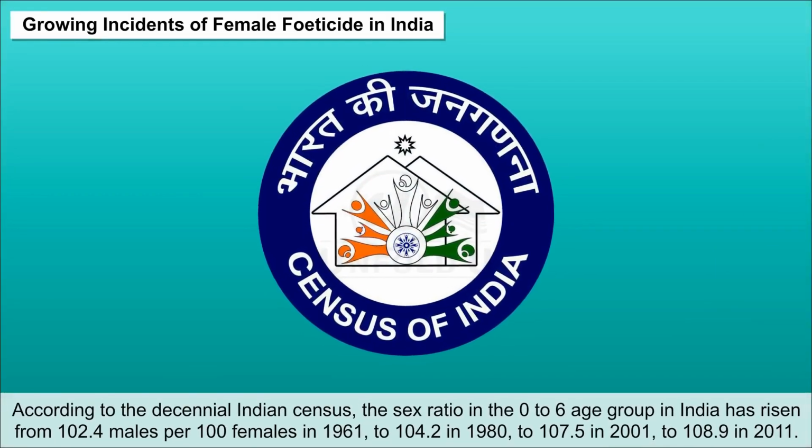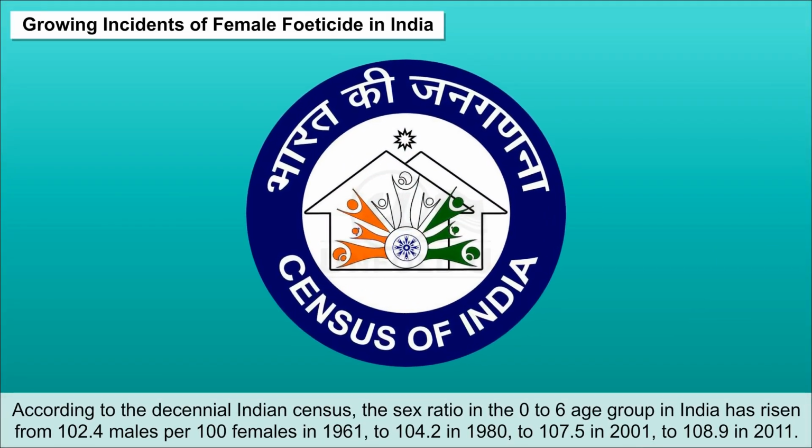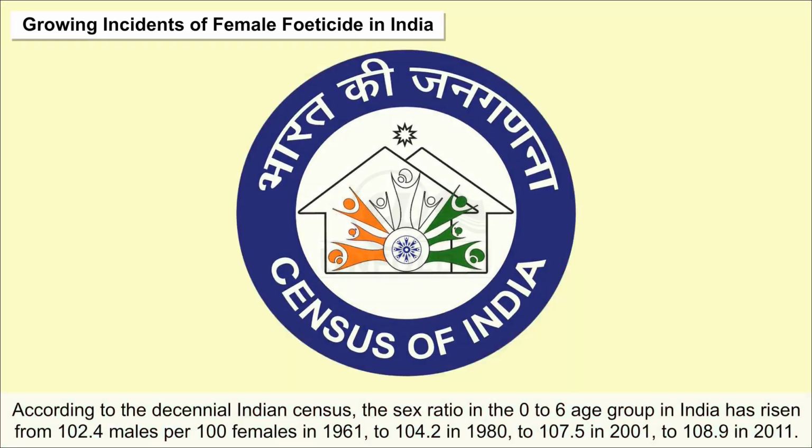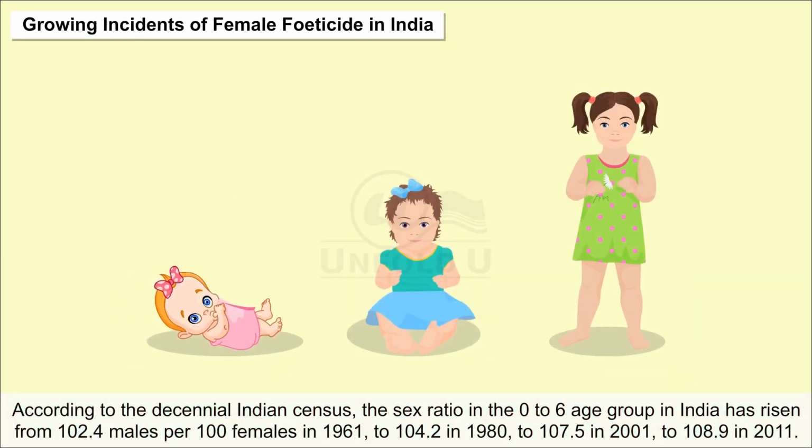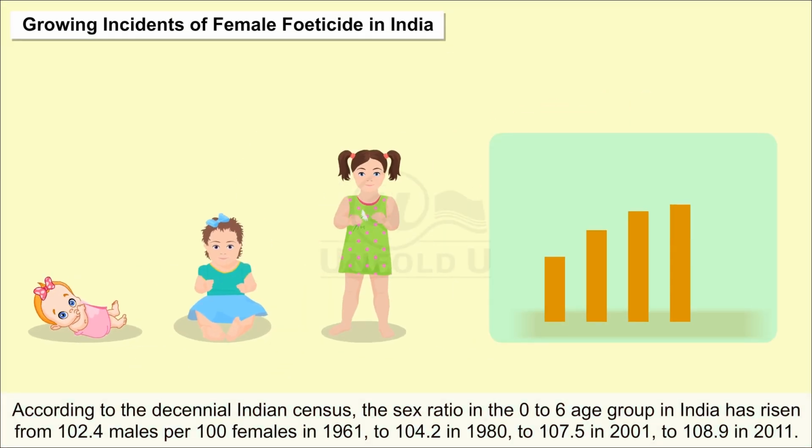According to the decennial Indian census, the sex ratio in the 0 to 6 age group in India has risen from 102.4 males per 100 females in 1961 to 104.2 in 1980, to 107.5 in 2001, to 108.9 in 2011.